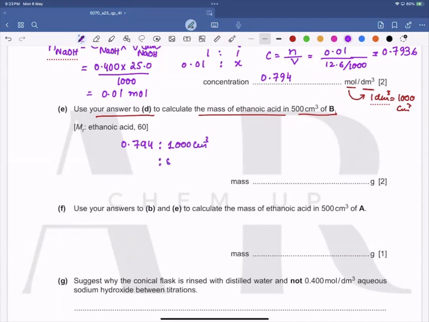So in 500 centimeter cube, how many moles are present? That is X. So X is 0.794 times 500 over 1000. So we got the moles from here.